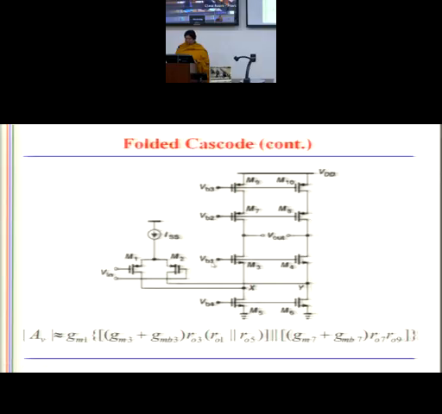Clear? So you have one node and the second node. If I ask you to find the time constant of this node, it's a PMOS.